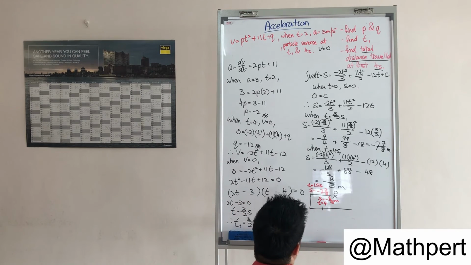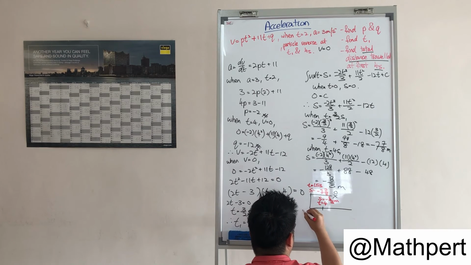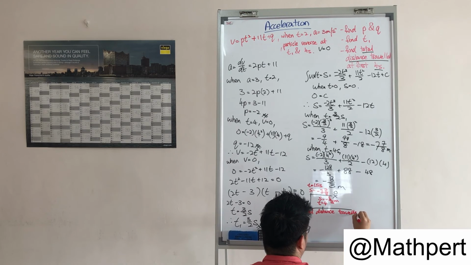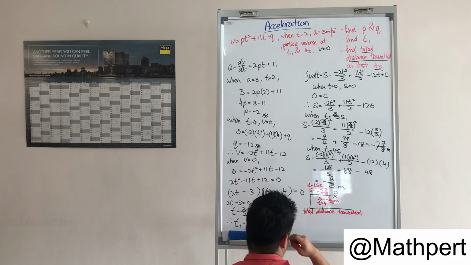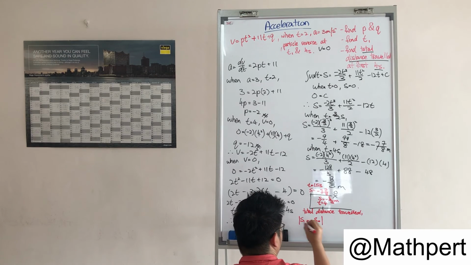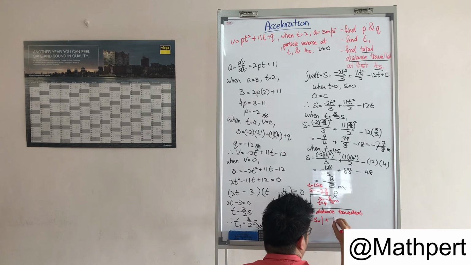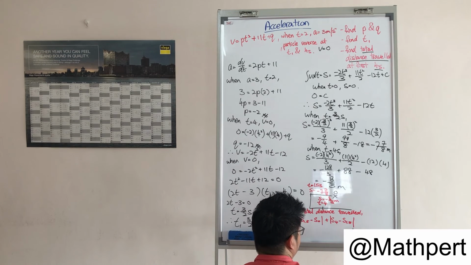So total distance travelled is modulus of s1.5 minus s0, plus, put a modulus here, s4 minus s1.5, put a modulus here.